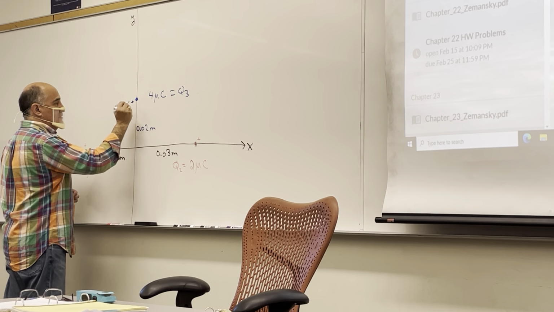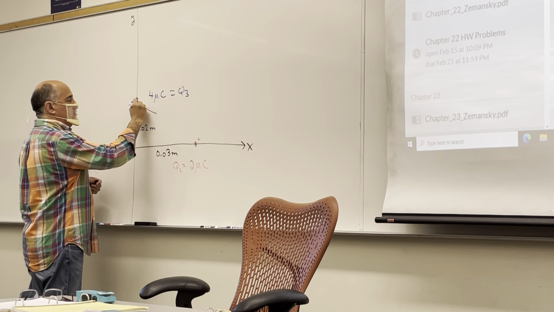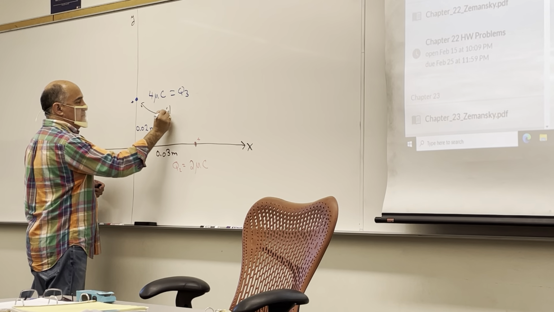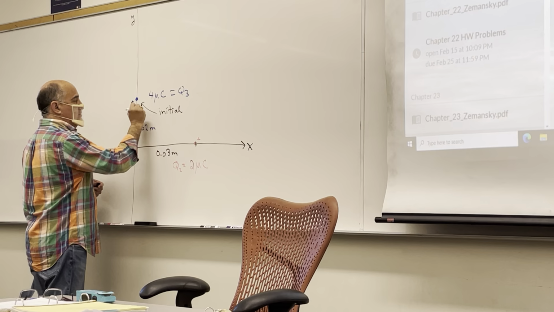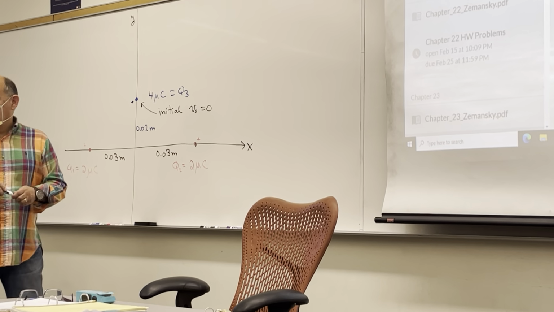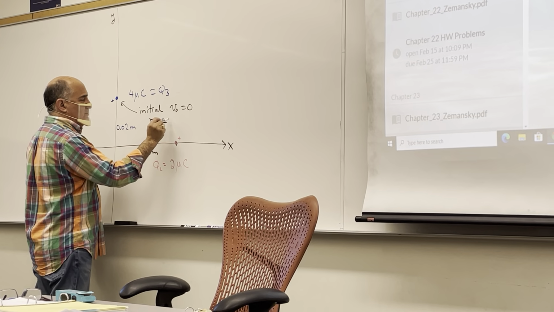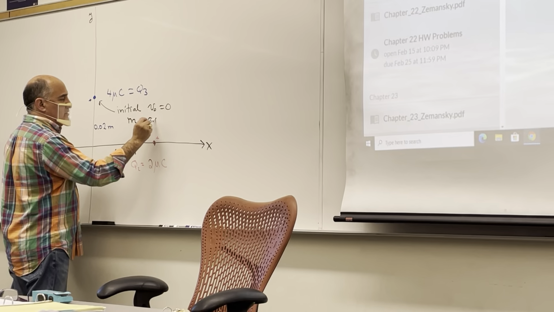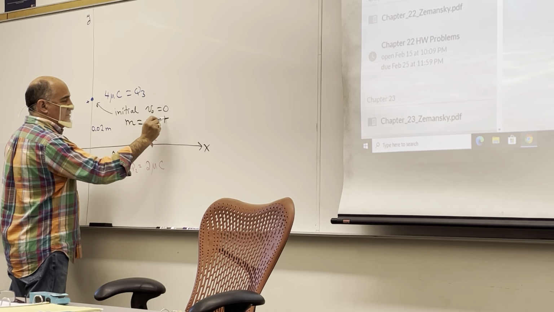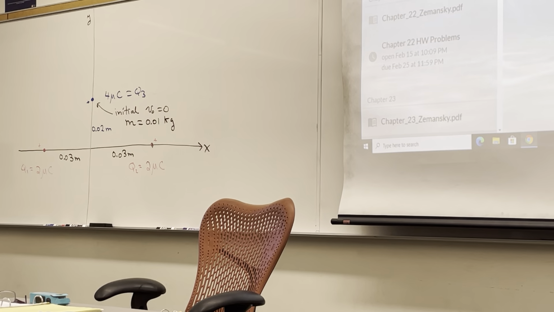So the initial position of this charge is there. We know that the initial speed is 0 because it is released from rest. We're given the mass, 10 milligrams, so it'll be 0.01 kilograms. And it is released from rest.